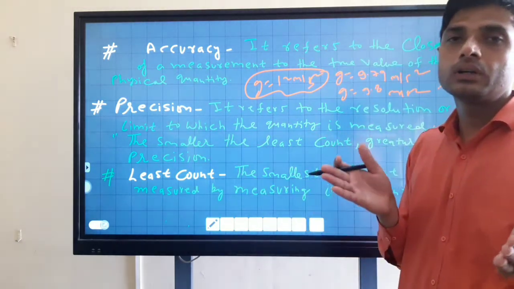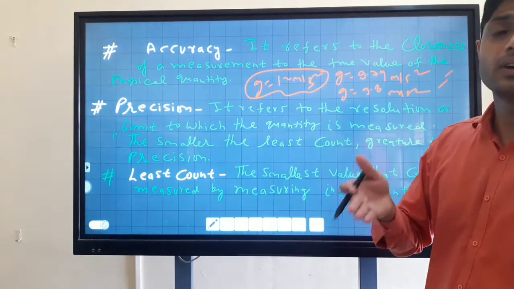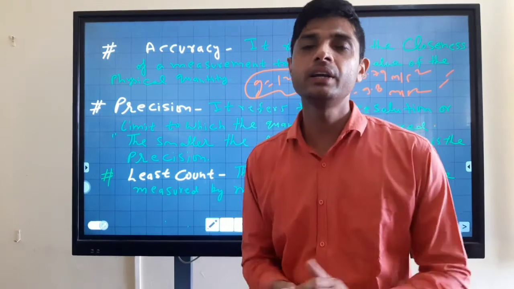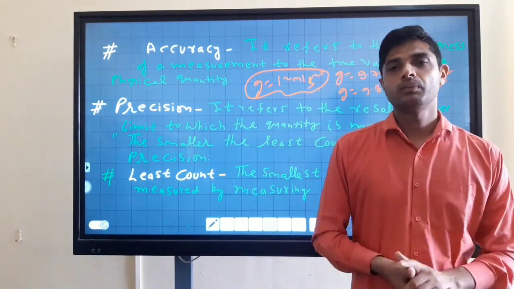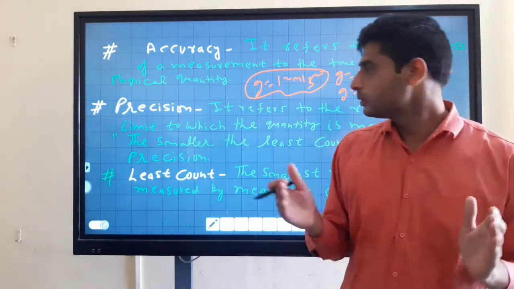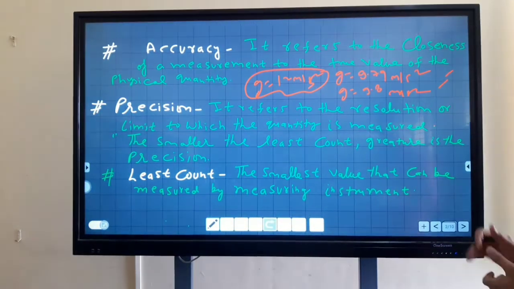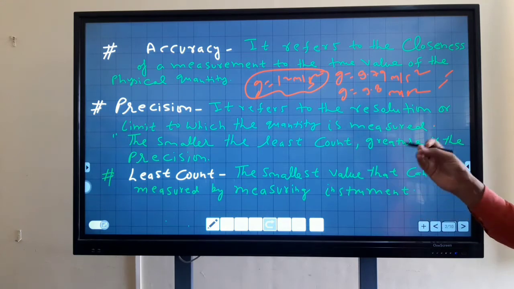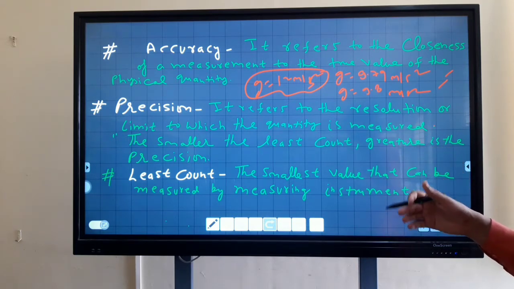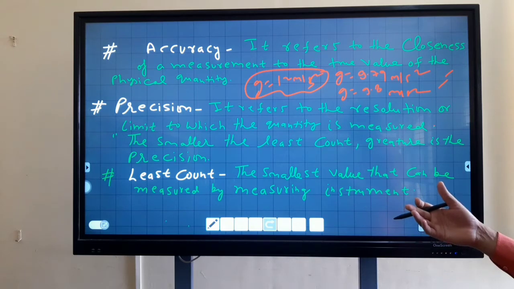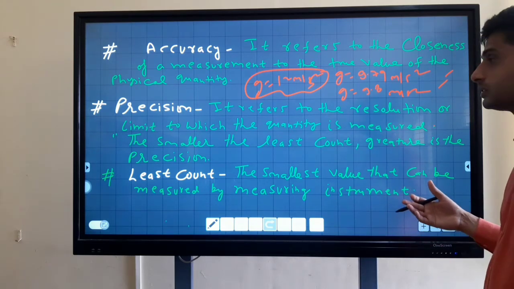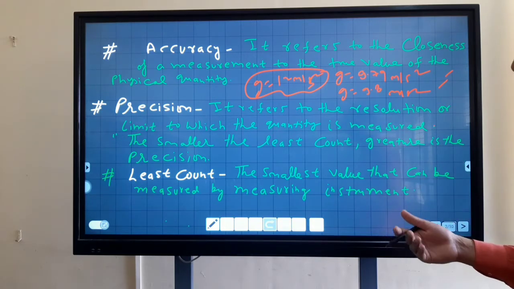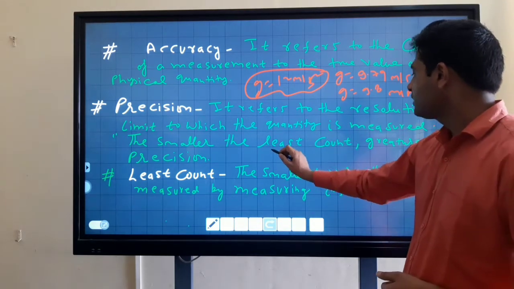If our scale is resolved to a small value, we can measure a small value by our instrument, because the smaller the least count, the greater is the precision. If the least count of the scale is small, then we can measure a small value, and our instrument is very precise. Okay, and now what is least count?